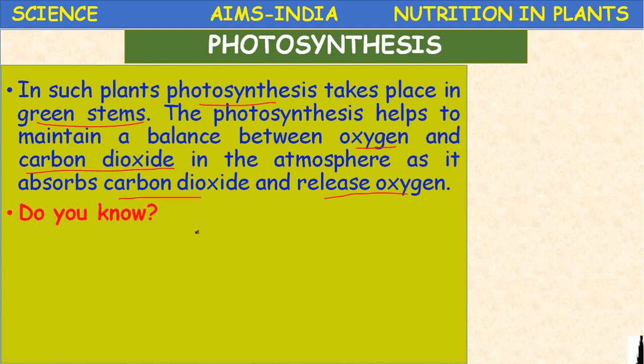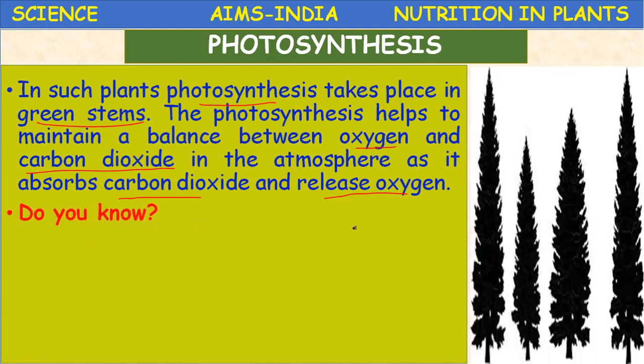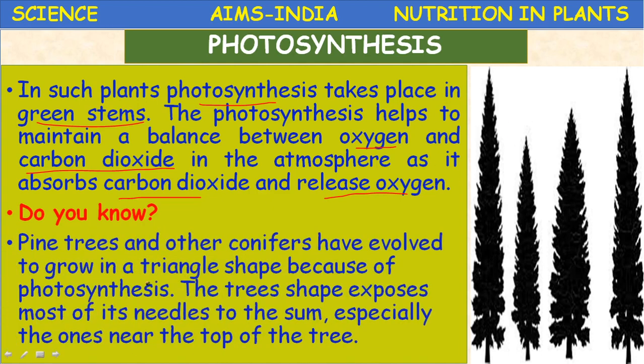Let us know some interesting fact in plants like pine trees. The pine trees and other conifers. Conifers means the plants which live on the hills. So conifers have evolved to grow in a triangular shape because of photosynthesis. They are evergreen plants.